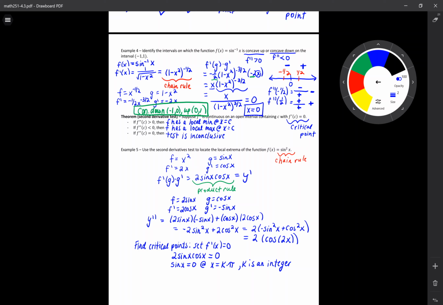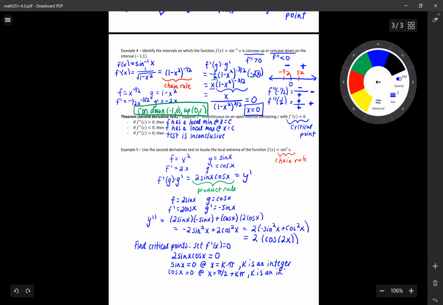And what about cosine of x? Cosine of x is equal to 0 at pi over 2, 3 pi over 2, and continuing on. So I'm going to say x is equal to pi over 2 plus k pi, where k is an integer.